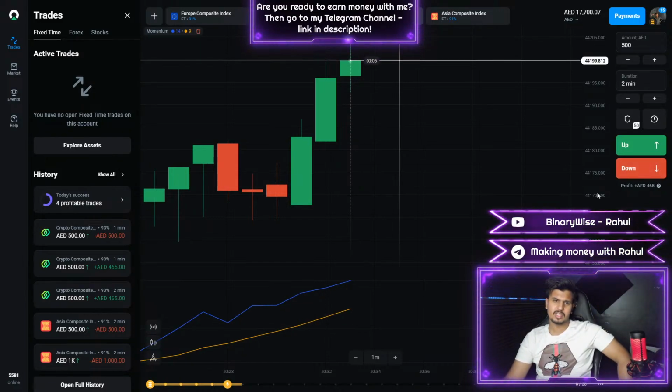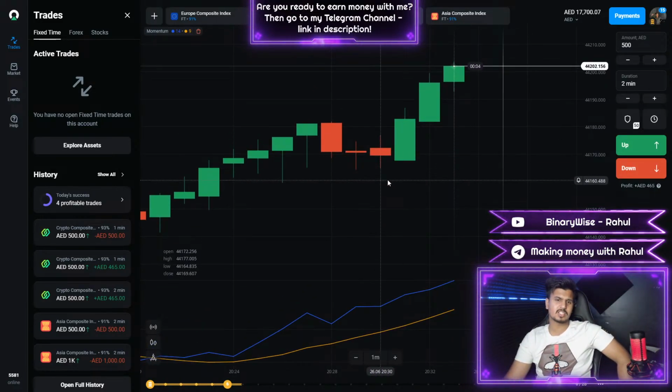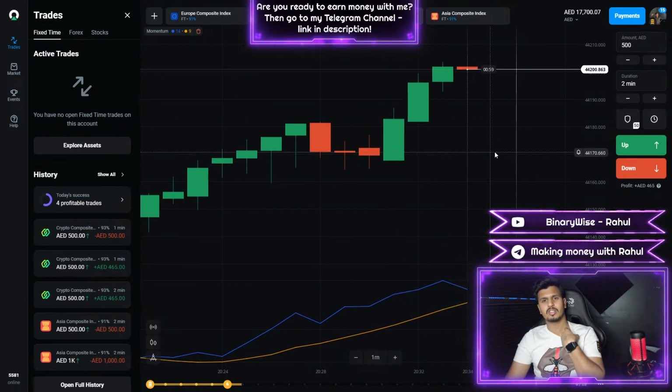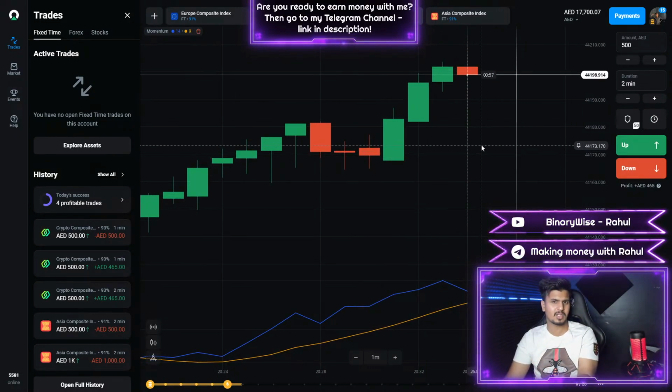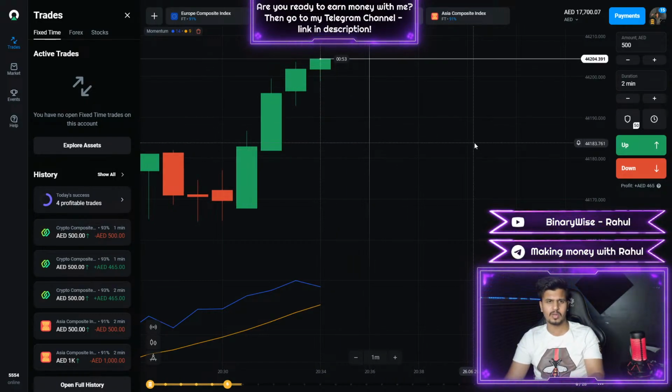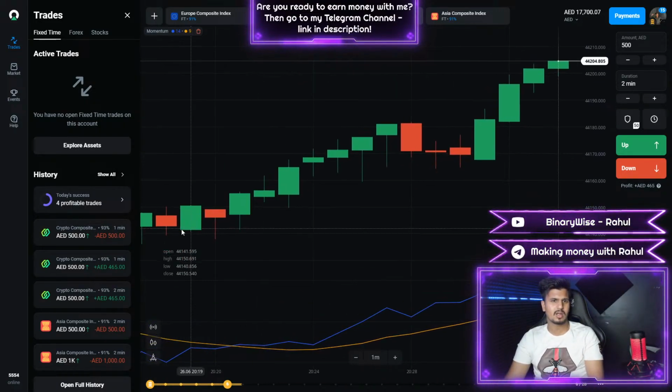Also, one thing: when you see this type of spin candlestick in the downward direction, after that it will continuously move upward, and the same thing is happening here. Maybe now it can turn back to the downside, but there is still hope that it will continue moving upward like the previous one.